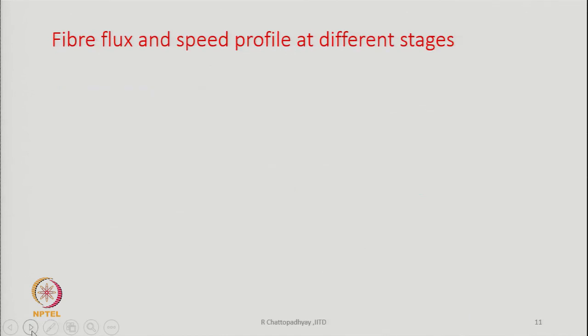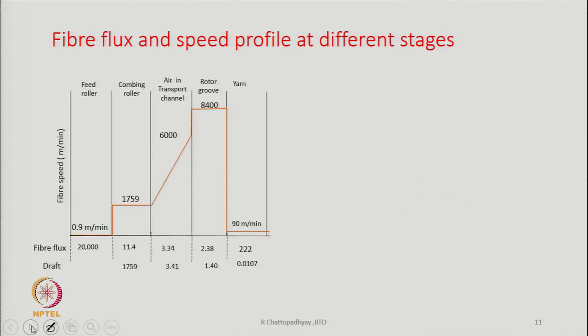Now, fiber flux and speed profile at different stages. A diagram is shown here, and now I will do some calculation to show how these figures or figures close to this are coming. These are the different zones: feed roller zone, feed zone, combing roller zone or opening roller zone, air transport channel, rotor groove and actual yarn formation.